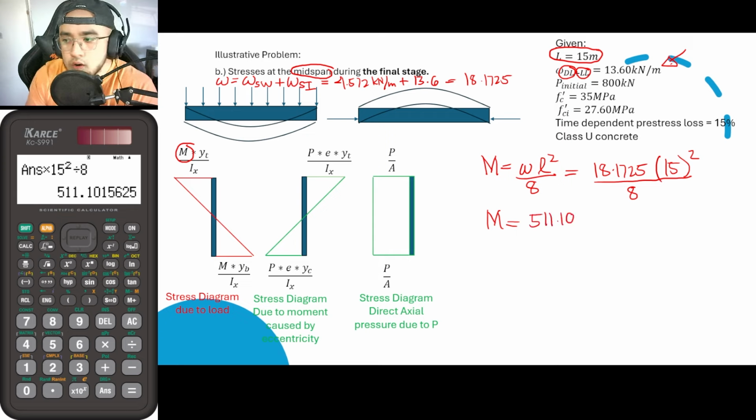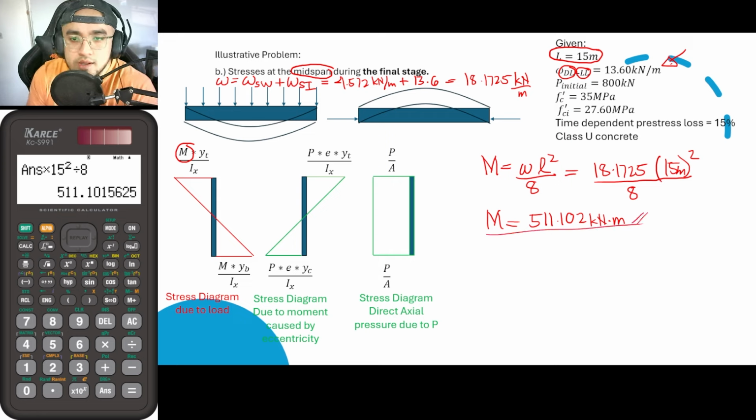So our moment is 511.102. But as you can see here, this is in terms of kilonewtons per meter, and this one here is in terms of meters. So meaning this is now kilonewton meter.